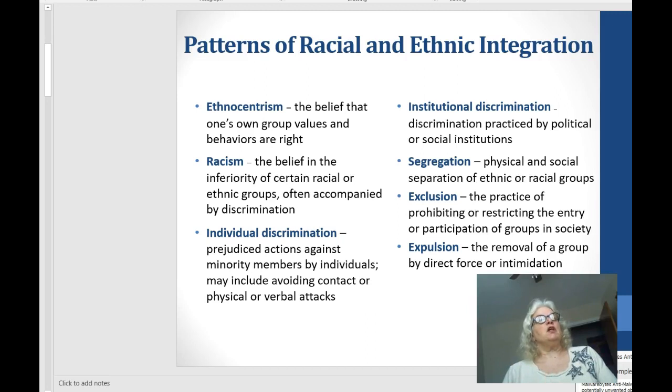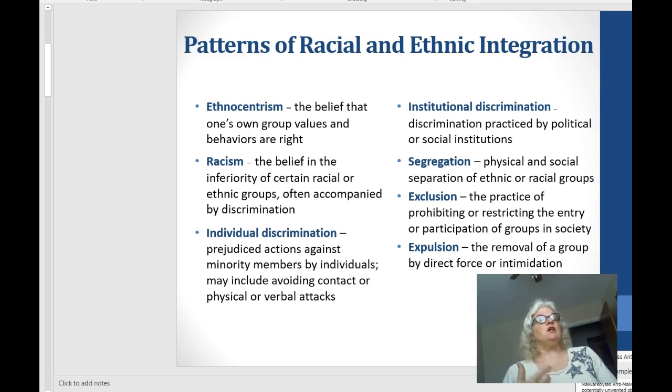Institutional discrimination can be supported by government and is political and oftentimes tied together by social institutions. So the example here is clearly banks, political systems, not allowing certain people into certain neighborhoods. And we can see that that ties then to our next category, which is segregation.